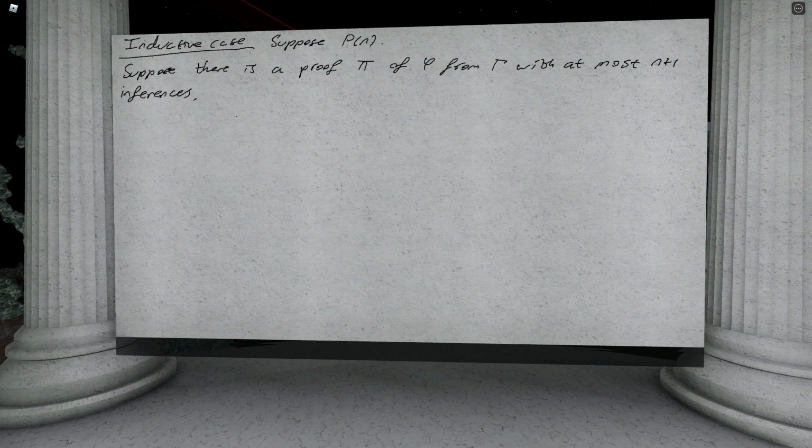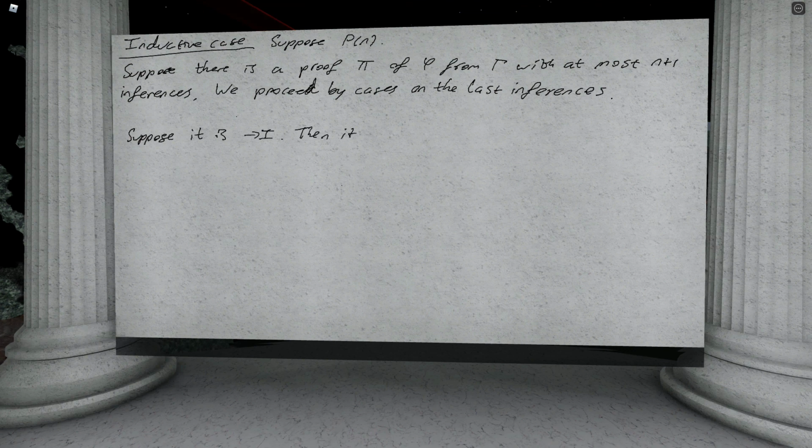And this is where we have to proceed by cases on the last inference rule. That's the inference used to get the conclusion of the proof. So now, suppose it is implication introduction. This is the case I'm going to do. I might do 2 cases actually.